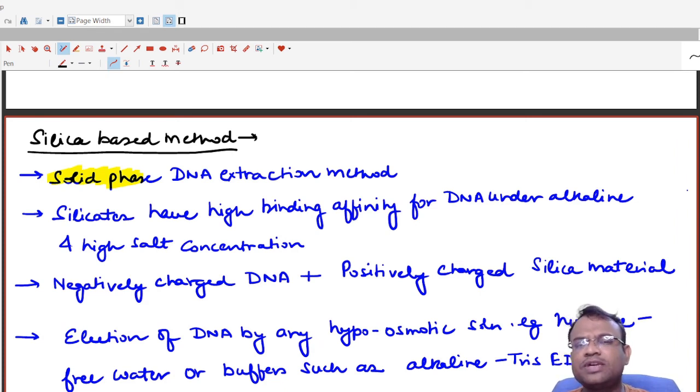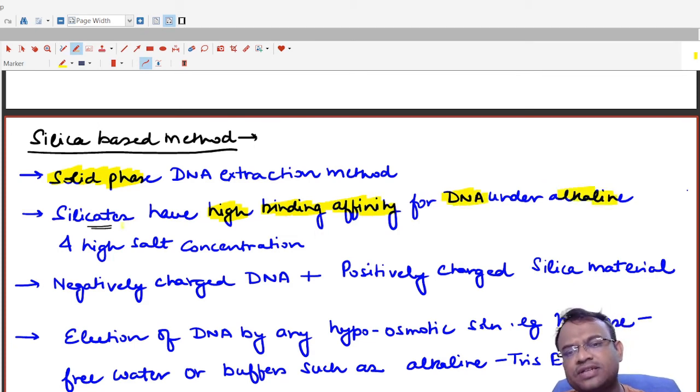Now what is the basic principle behind this method? Because we are having silica, there would be silicates present. One thing about silicates is that they have very high binding affinity for the DNA, but this affinity works under alkaline conditions and high salt concentration only.